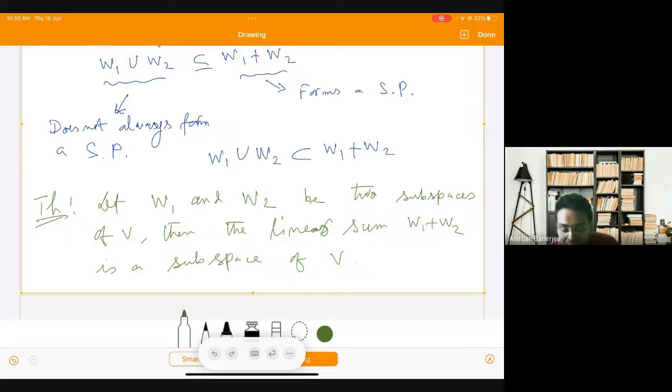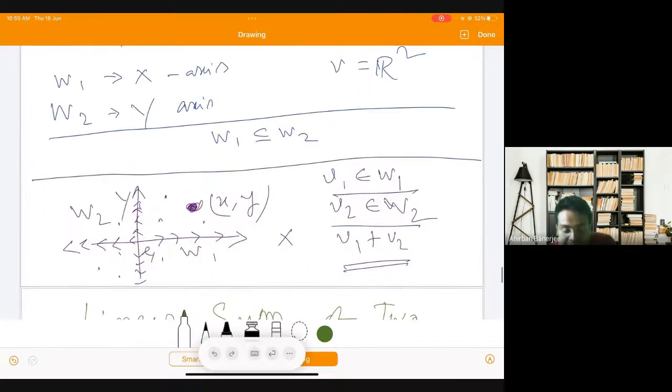Anyway, why will W1 plus W2 be a subspace? We have seen for this typical example that W1 plus W2 will be a subspace. If the vectors in W1 are linearly independent with the vectors in W2, which is the case we discussed here with this example, then the direct sum will fill up the rest of the space, right?